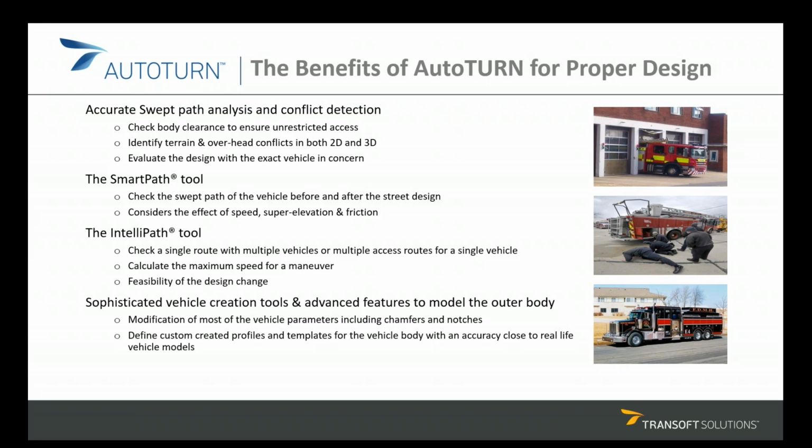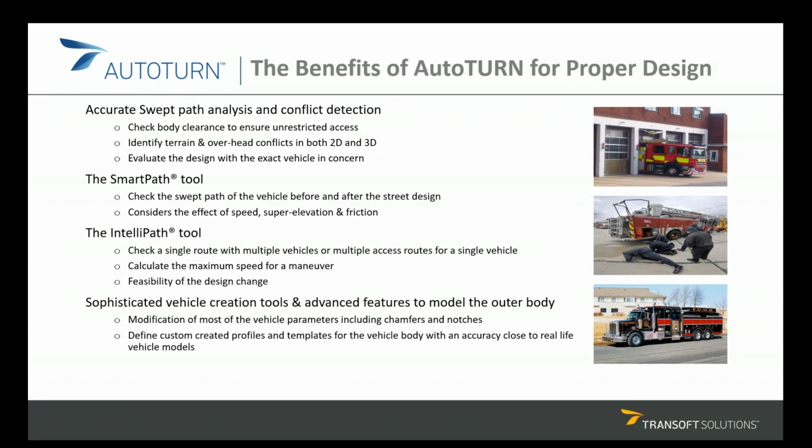The Telepath tool in AutoTURN Pro, which is an automated swept path creation tool, automatically creates a swept path once a route is defined. And once a particular route is defined, we can check for multiple vehicles by just creating one maneuver and easily swapping different vehicles that have to be analyzed.